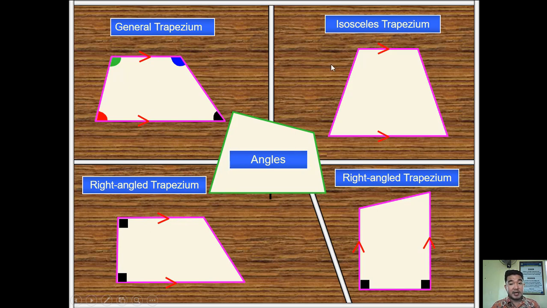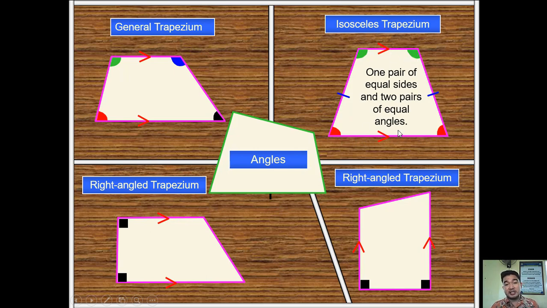Yan. One pair. Then kapag naman right-angled trapezium, then we have here two right angles. Two right angles. And then here, two right angles also. In an isosceles trapezium, we have two congruent sides here. So, the angles are congruent here, dito sa base 1, and then dito sa base 2, congruent din.